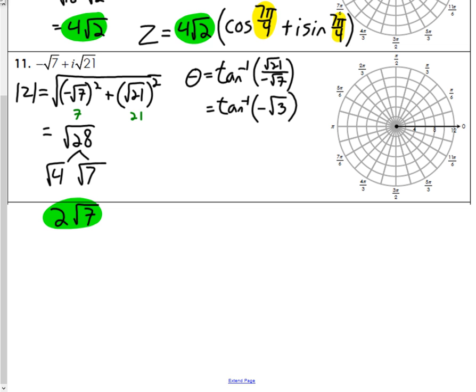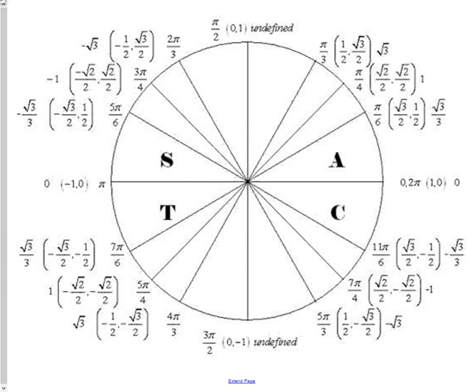So before doing a unit circle lookup, we do want to double check our complex number here. Note that x is negative, y is positive, so this is a quadrant 2 angle. So we want to look for that negative root 3, but in the second quadrant. So negative root 3 in the second quadrant, got it, right here. Again, there's also a negative root 3 down in the fourth quadrant.